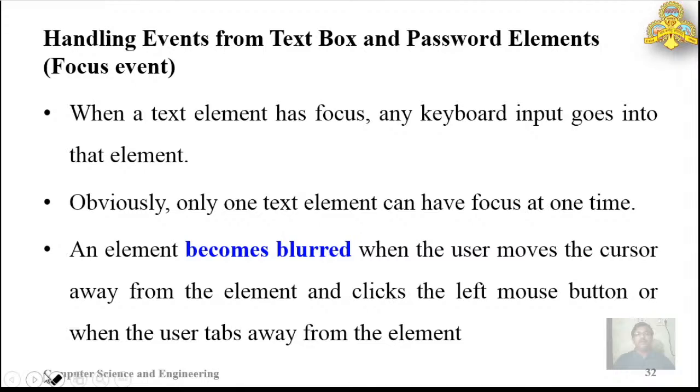The current element will lose its focus, and whichever element we have clicked now will get the focus. Also by using the tab key we can shift the focus from one element to another. Whenever an element loses its focus, we say that blur occurs.